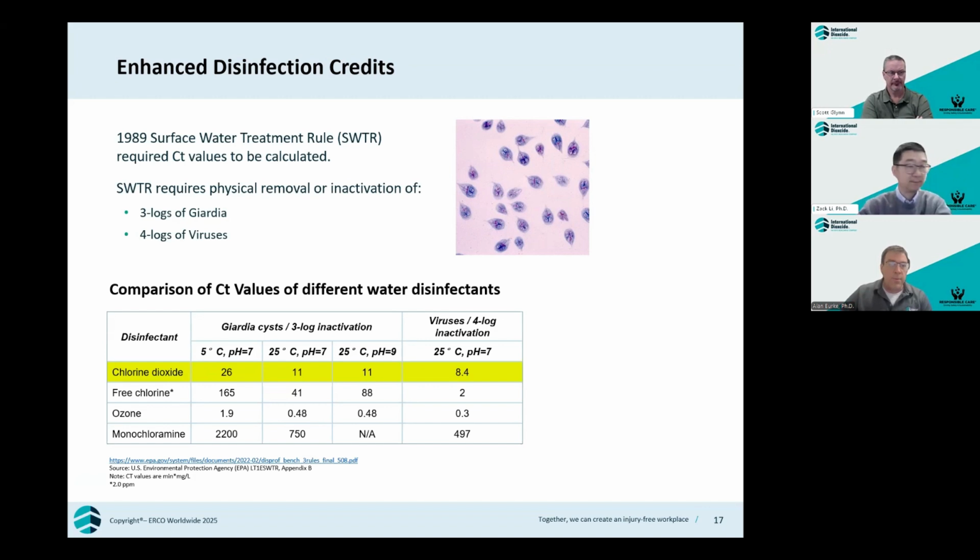You can see in the table here that Giardia, which is a harder to kill organism, is used as the base organism, as well as general virus log kill inactivation contact time requirements. And each is dependent on the oxidizer being used. And there are other factors at play, such as pH and temperature, that can affect the contact time requirements to achieve the log kills that the water treatment provider is trying to attain.